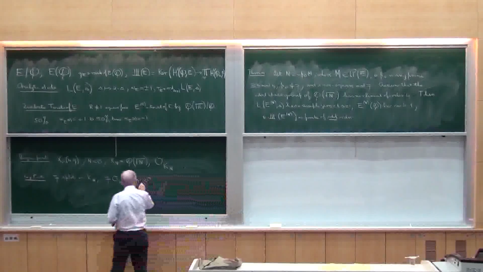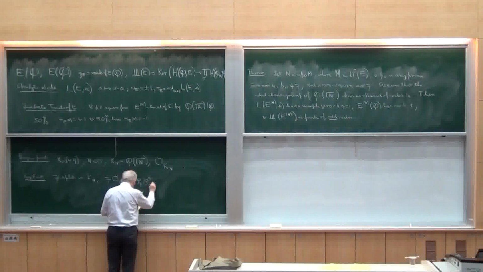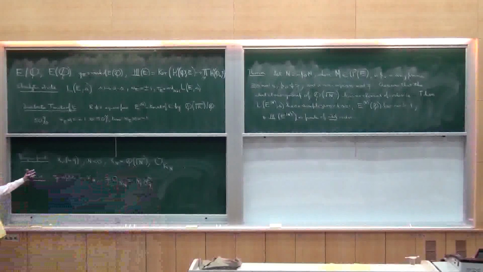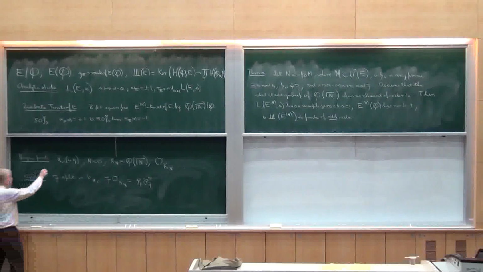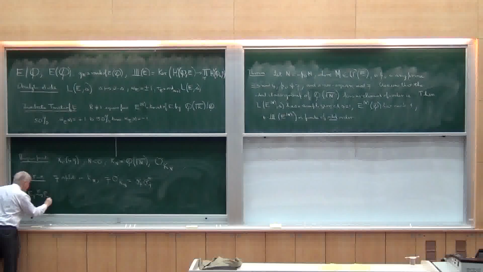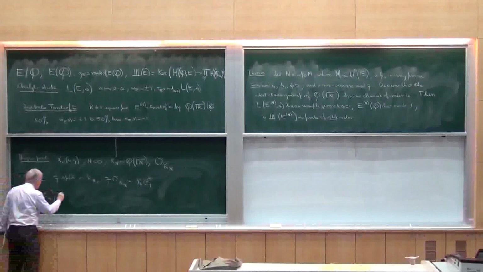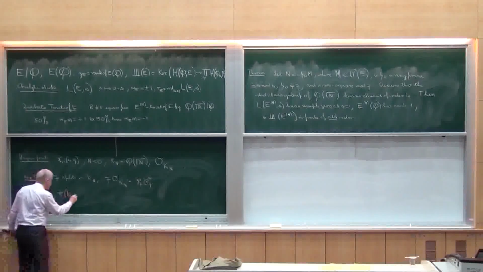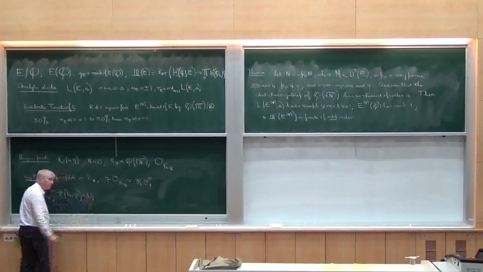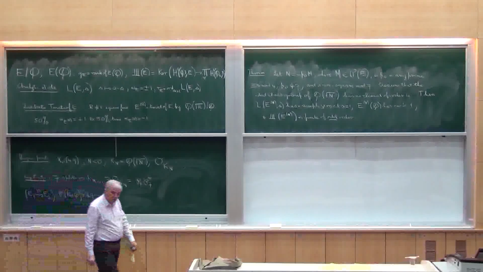Now, from the modular point of view, the points on X_0(49) can be thought of as equivalence classes of isogenies phi between two elliptic curves, say E_1 and E_2, with the cardinality of the kernel of phi equal to 49. That's what it would be from the modular point of view.